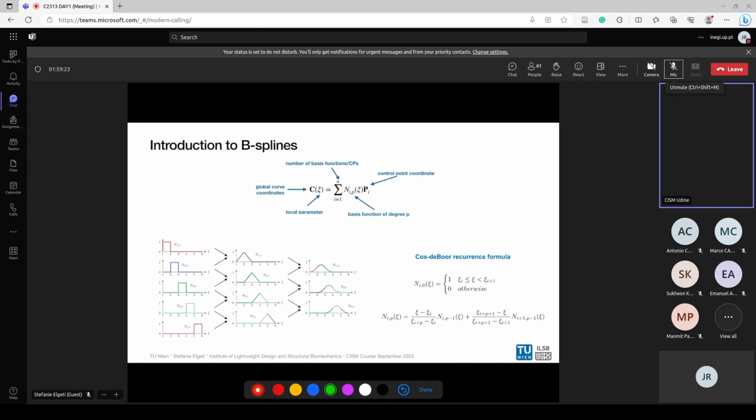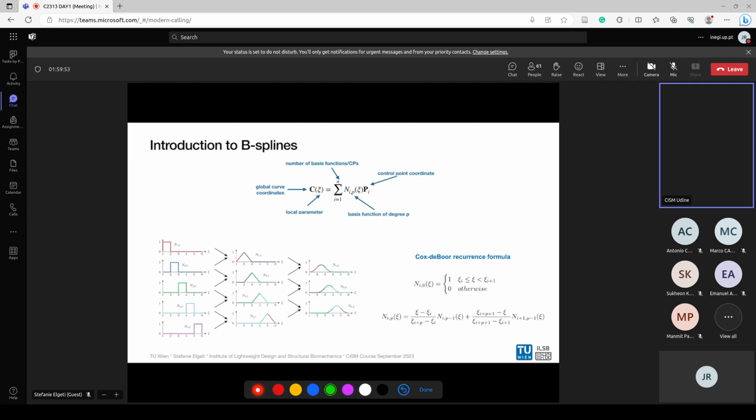We combine them using this expression here. You see we have two basis functions of degree p minus 1, so of a lower degree, that we combine, and we have these terms here that elevate the degree. So we go from constant to linear. The red constant basis function is responsible for this first part, and the blue is responsible for the second part.